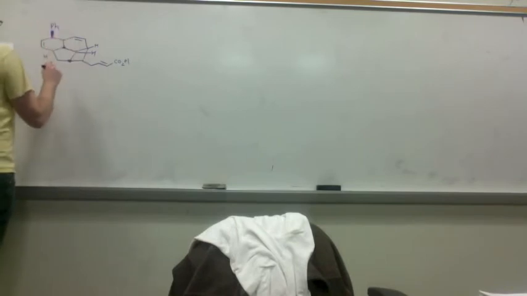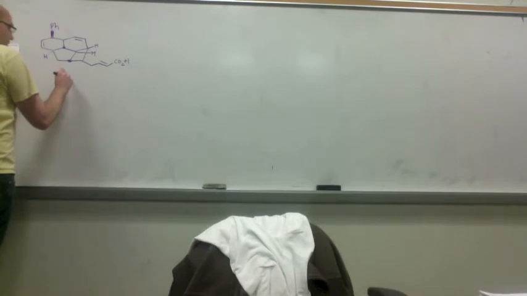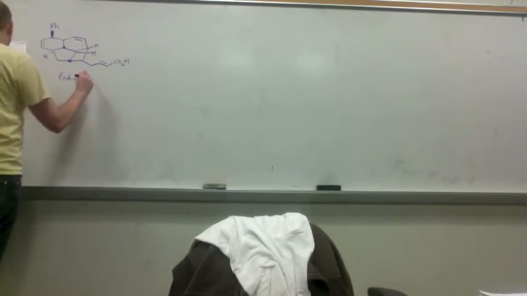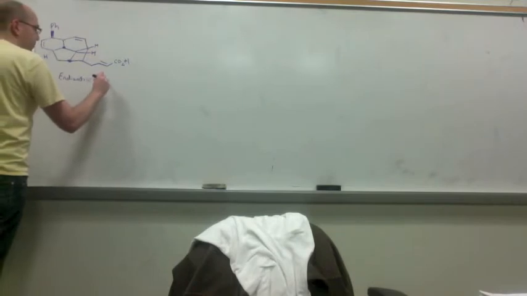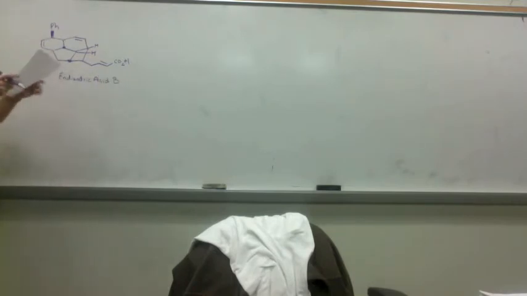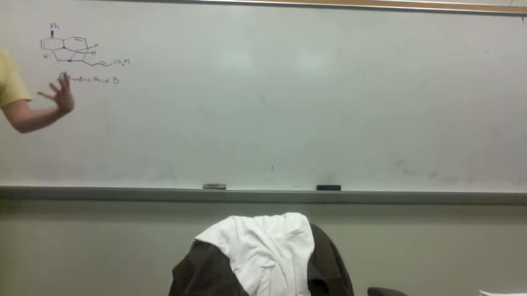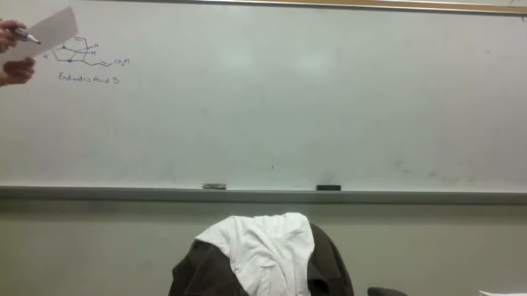Okay, so this is a molecule, and there's a whole class of these molecules. This is called Endiandric acid B. Again, you've got this 6-6 ring structure, a 5-member ring here, a 4-member ring here. It's a very compact bicyclic structure.